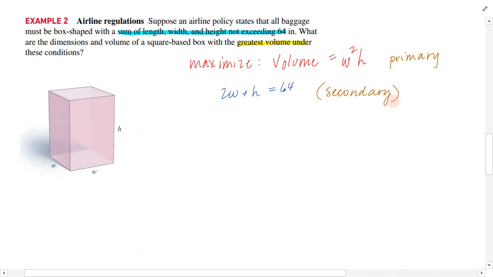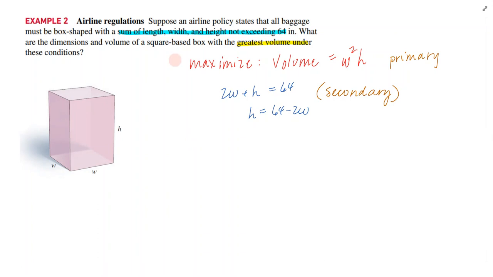That's our secondary equation. And I can rewrite this secondary equation in terms of a single variable to be able to substitute back into my volume, or primary equation. Now, again, I can solve this equation for either W or H, but because H has a coefficient of 1 in front of it, it is actually the easier variable to solve for. So I would have H is equal to 64 minus 2W. From here, we're going to make our substitution into the volume.